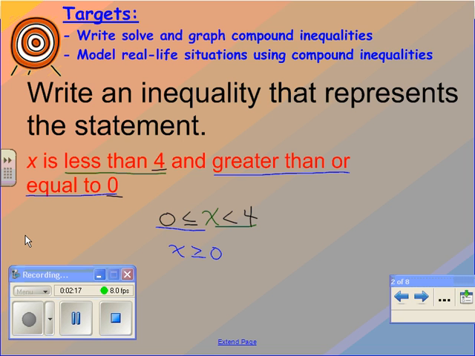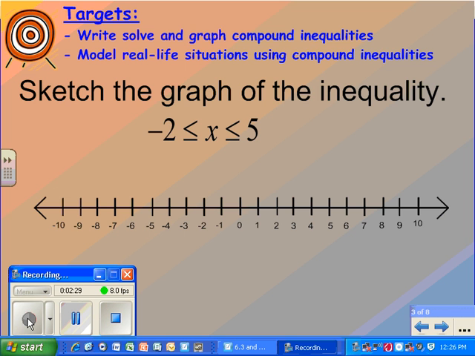That's why we call it a compound inequality. It actually has two parts to it. And we're saying that x is somewhere in between these two numbers, 0 and 4.